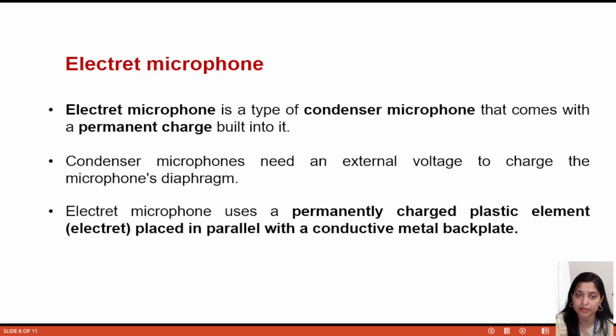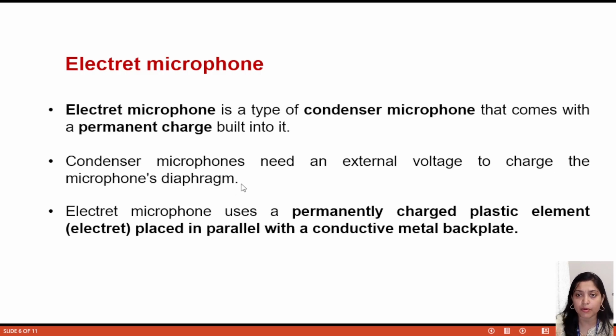In the previous case, the condenser microphone, the battery gives a charge to the plates, otherwise without a battery it will not work. But in the case of the electret microphone, there is an inbuilt charge, so it doesn't require any battery.